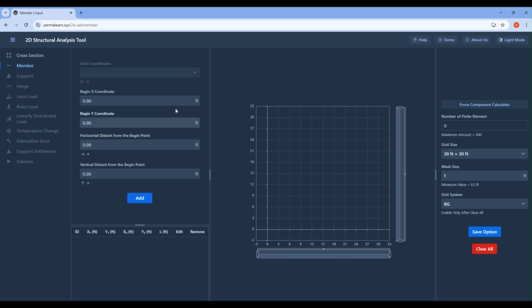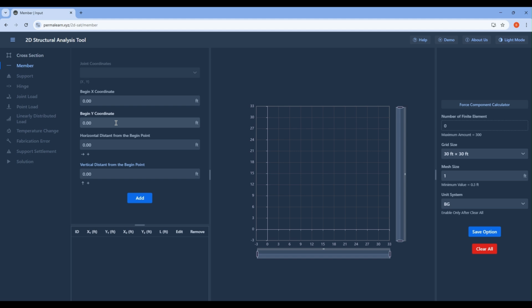So if I want my member to start from the x coordinate equal to 0 and y coordinate equal to 0, and if I want my member to go to the right, you need to put a positive number in this horizontal distance, and if you want it to go to the left, you need to put a negative number. Same as the vertical distance from the begin point. If you want it to go upward, you need to put a positive number, and if you want it to go downward, you need to put a negative number.